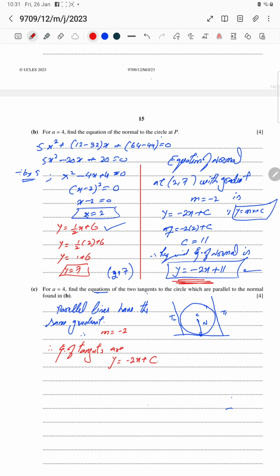Now here we need different values of c that will define tangent 1 and tangent 2, right? And how? We will substitute this value of y in the equation of the circle above.